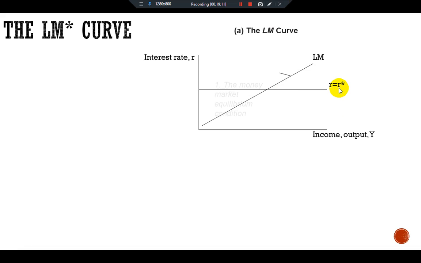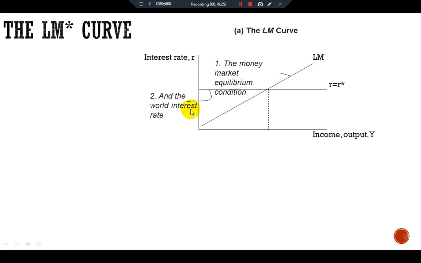Okay, the money market equilibrium condition is presented here with the LM curve, and the world interest rate r* here, and we have the domestic interest rate r, and at this point we have that level of national income. And from the traditional LM curve we can derive the LM static curve.